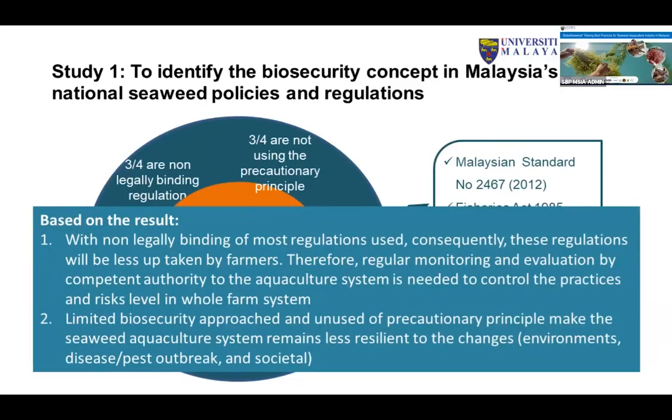Therefore, regular monitoring and evaluation by the competent authority of the aquaculture system is needed to control the practice and risk level in the whole farm system. Limited biosecurity approach and non-use of the precautionary principle make the seaweed aquaculture system remain less resilient to change.